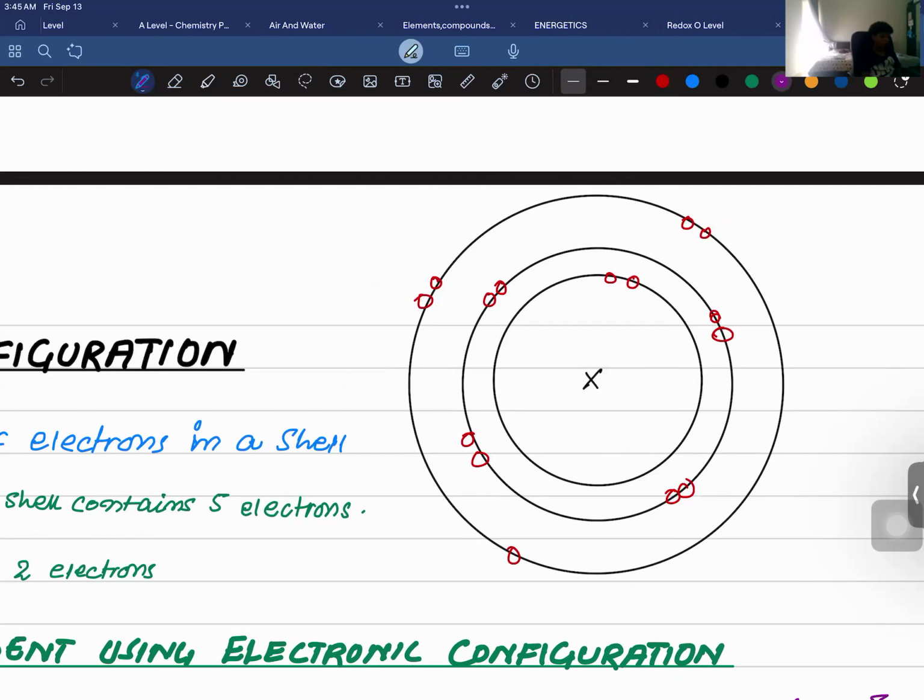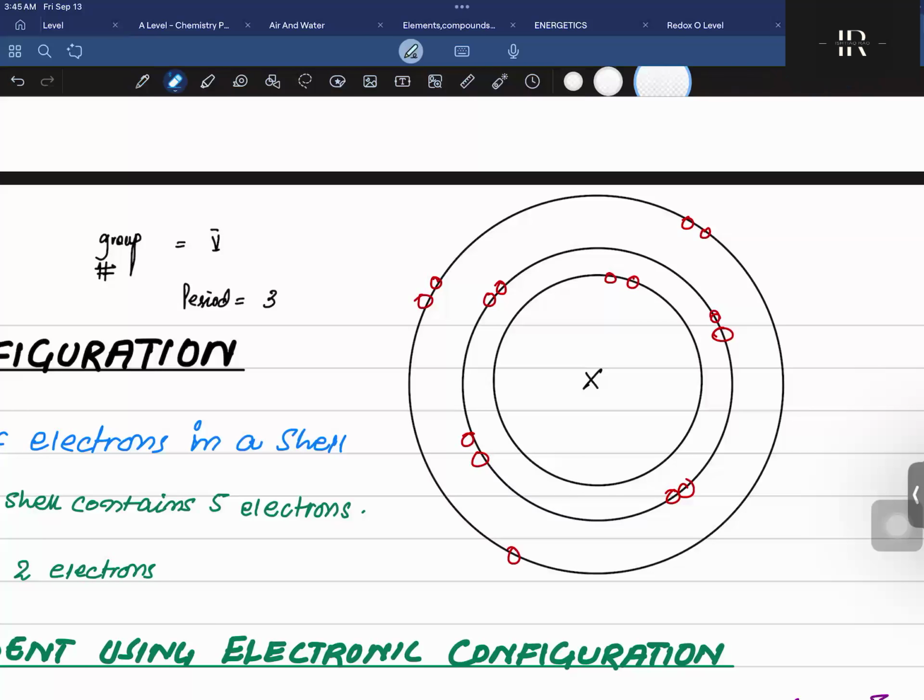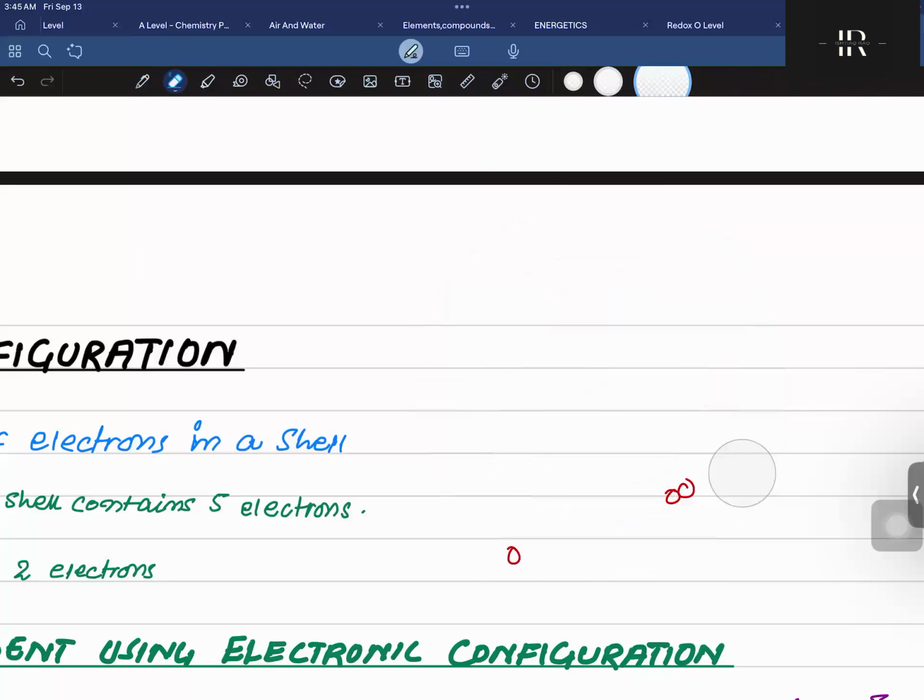So the group number will be 1 plus 2. It's all on the outer shell, so it will be 5. Exactly. So the group number is 5, and the period number is 3.